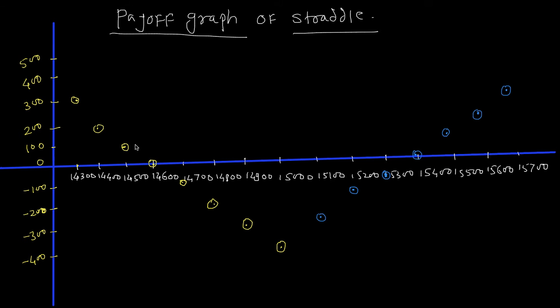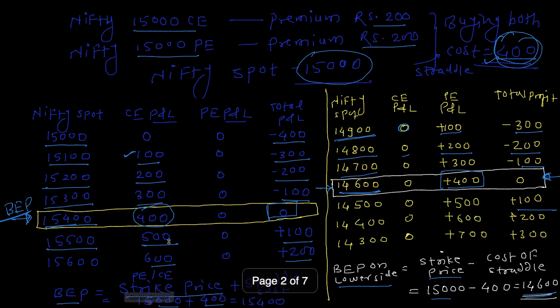So now we'll continue with our example of Nifty. In a long straddle, we had bought 15,000 call and put both, right? And if you see, these were the total profit and loss for various strikes of Nifty. At 15,000, our profit and loss was minus 400. We had a loss of minus 400, and at 15,100, we had a loss of minus 300.